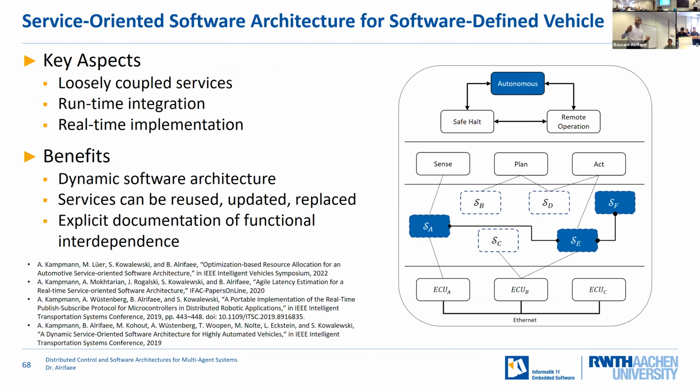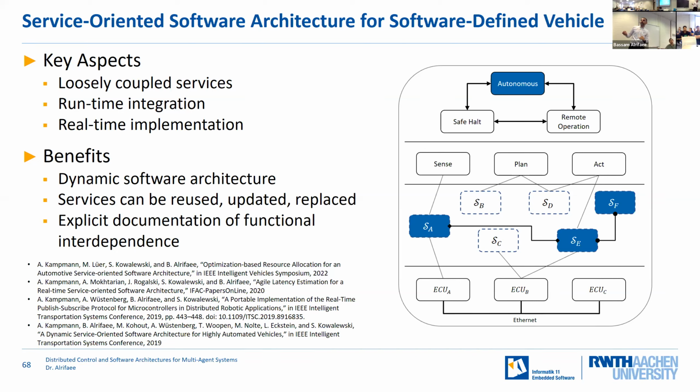Our solution, what we came up with, is service-oriented software architecture. It's a better organization of the system, and it's for software-defined vehicles. So software-defined vehicles means we start our development of the vehicle looking at the software, not at the hardware. So we organize the system into different levels.